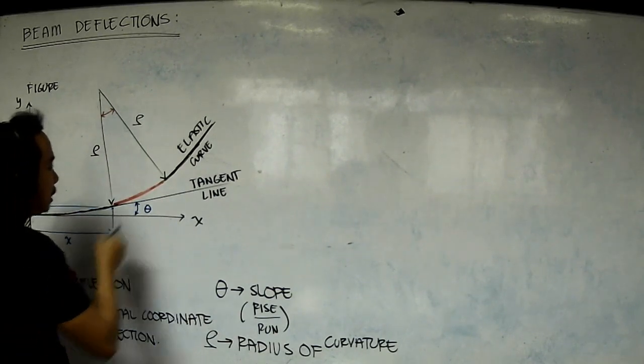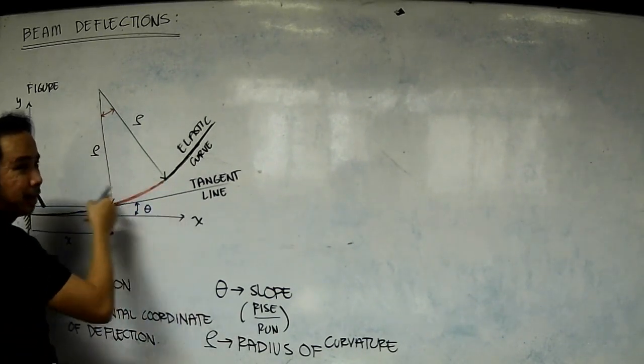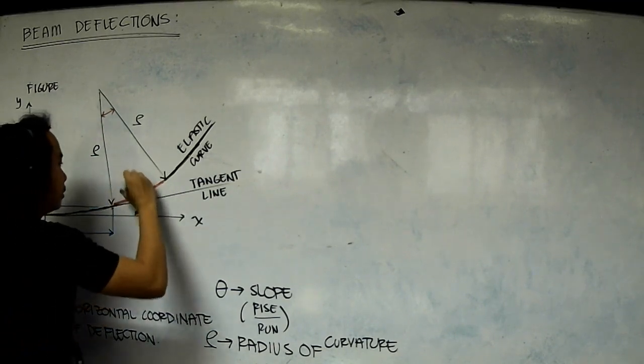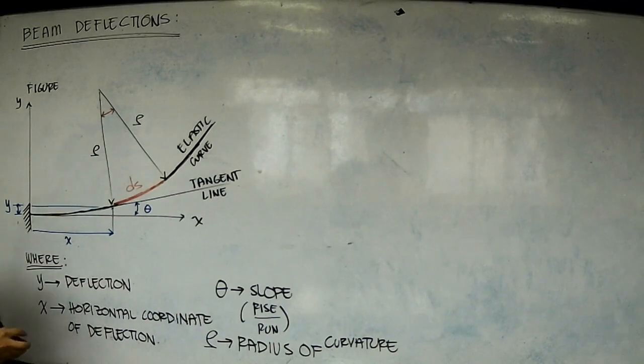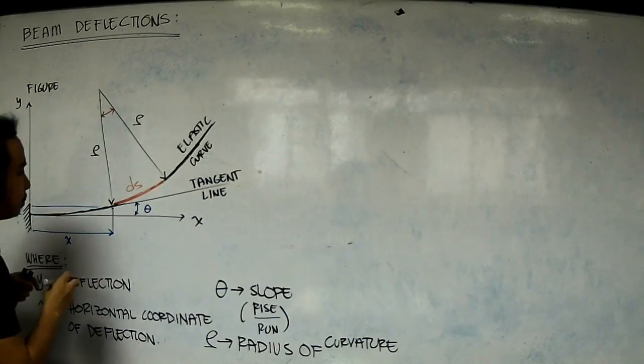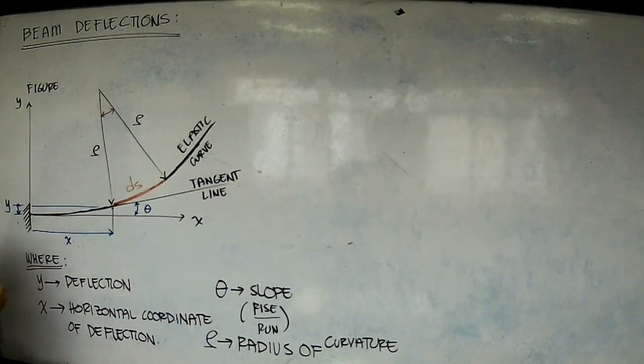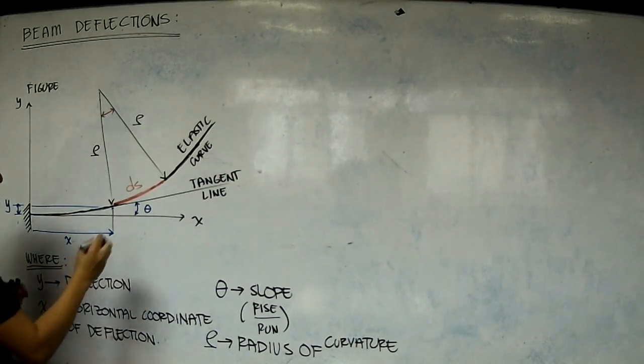And of course, this is a small circular arc. I'll just call this ds. Now, at this point we have small changes here.